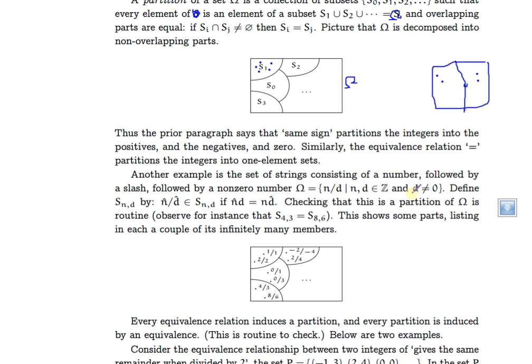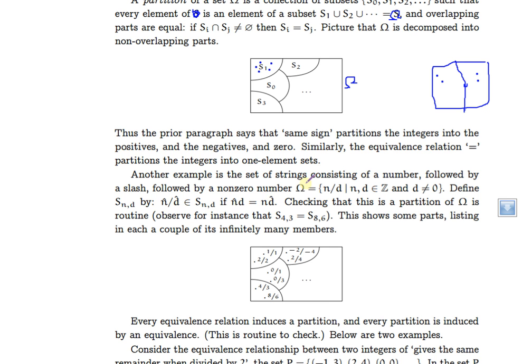And we can define a relation defined on this set of strings. We say that two strings are equal if, well, this is the usual cross product test to show that two fractions are equal.